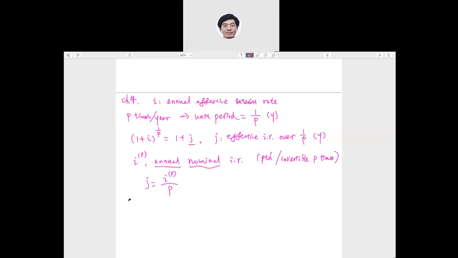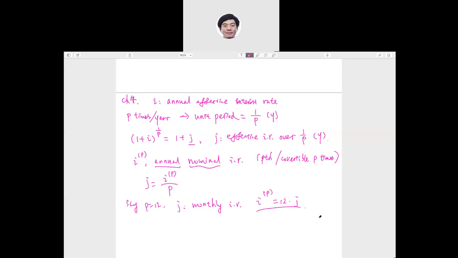So let's say J would be the monthly interest rate. Then I upper P would be 12 times the effective monthly rate. That gives you the nominal annual interest rate convertible monthly, or 12thly, right? So that's the slightly different wording.